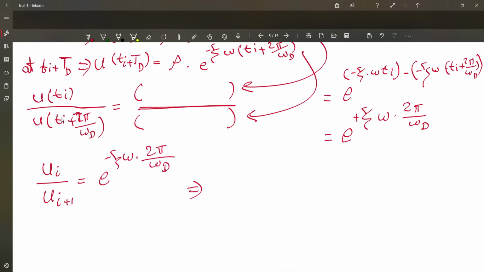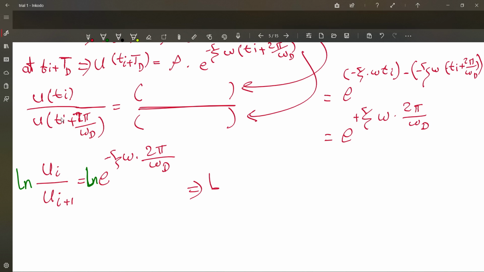Then we're going to say, let's take ln of the two sides here. So we're going to have ln here, and ln here, which is the natural logarithm of both sides.